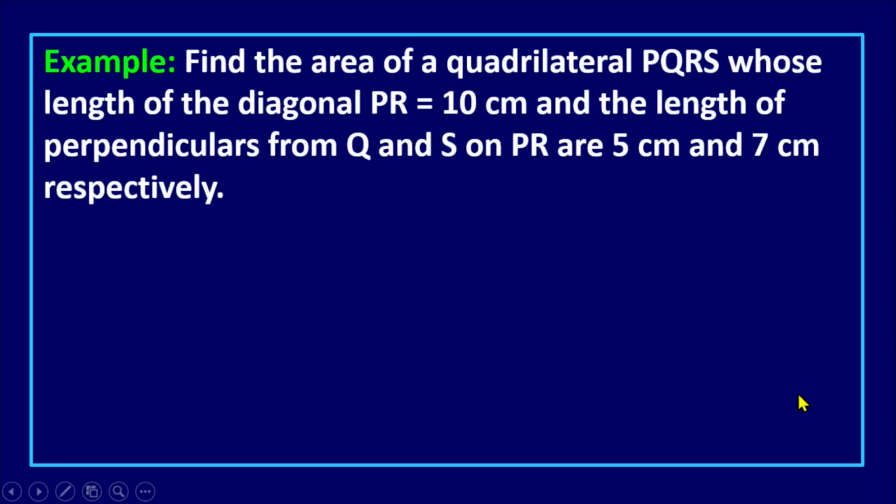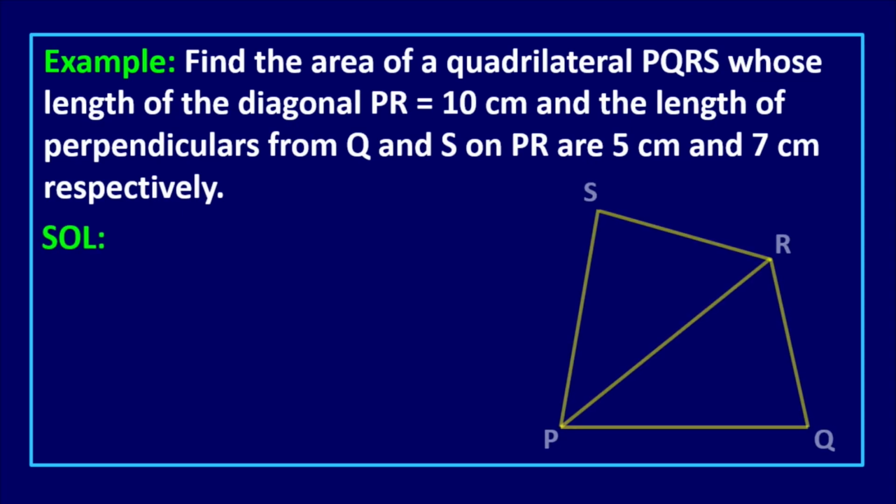So let us take an example, children. Find the area of a quadrilateral PQRS whose diagonal PR is 10 centimeters long and the lengths of perpendiculars from Q and S on PR are 5 centimeters and 7 centimeters respectively. So children, just go through the question once again clearly and draw the figure. We have a quadrilateral PQRS.